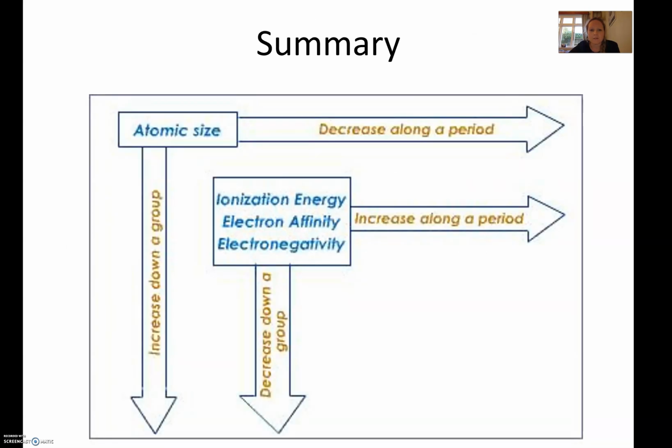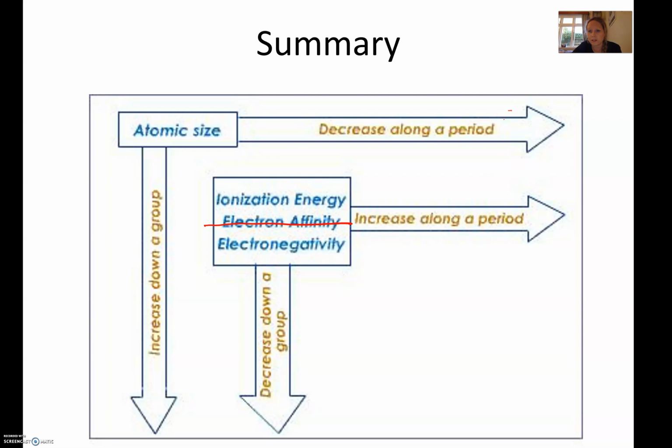Okay, team, one final slide, a bit of a summary. We don't actually do electron affinity, so you can forget about that one. But the other 3 we do. Atomic radius decreases across a period and increases down the group. And you'll see that this trend is the opposite of the other 2. So ionization energy and electronegativity increase across the period and decrease down the group.